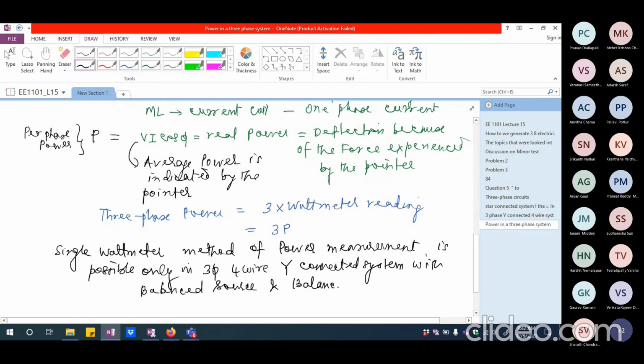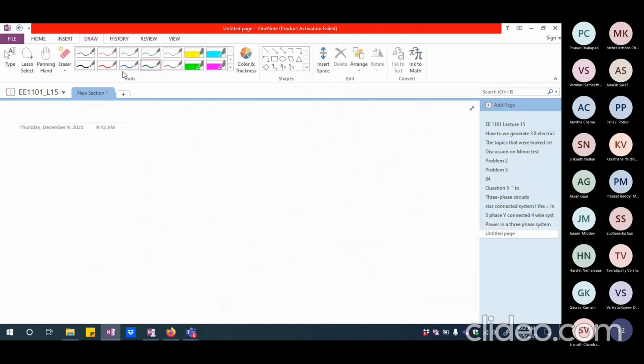Generally, what is available from the grid is a balanced source. It will not be unbalanced. So the load being balanced is absolutely in the hands of the person who is using this supply. That is not in the power grid's hands, it's in the hands of the consumer. So only if I have a balanced source and balanced load, I would be able to use the single wattmeter method of power measurement.